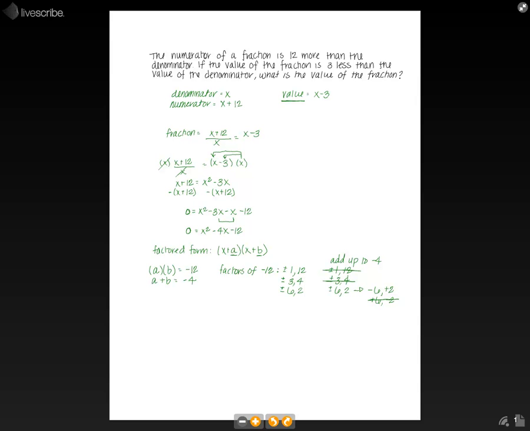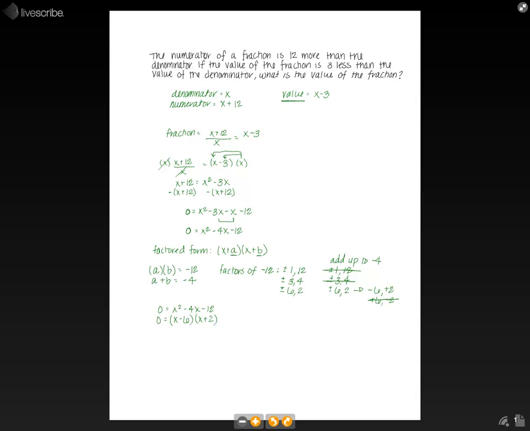It's got to be negative 6, positive 2. So that means that we can factor this equation. So 0 equals x squared minus 4x minus 12. We can factor that into 0 equals x minus 6 times x plus 2.